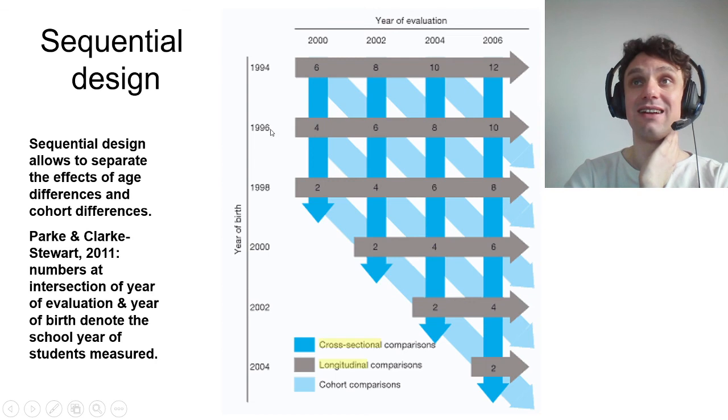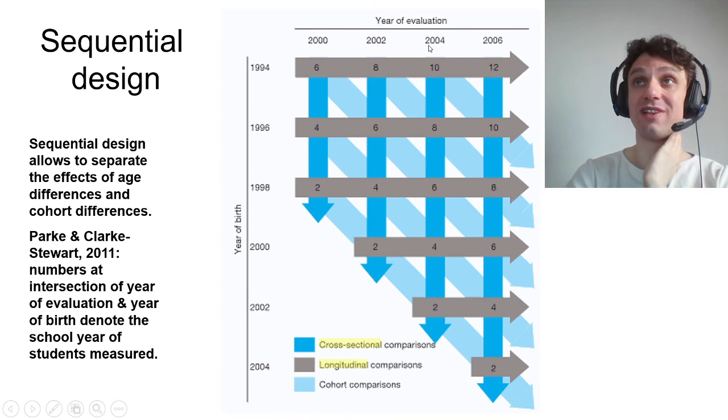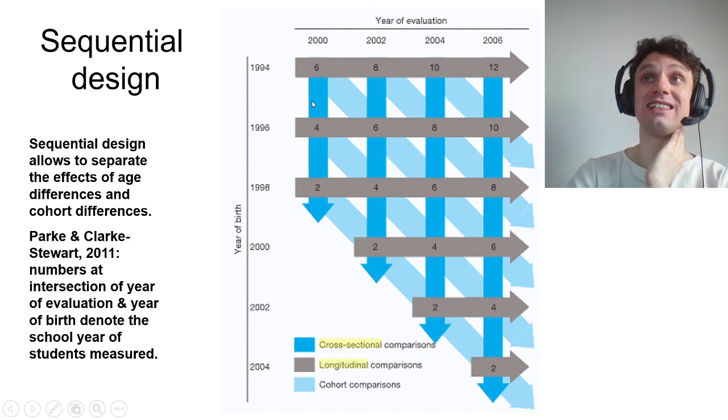And here, the study began in the year 2000, and then they performed a longitudinal measurement with each group of children at 2-year intervals in 2002, 2004, and 2006. So in 2000, they began with 3 cohorts, children in grade 2, grade 4, and grade 6.